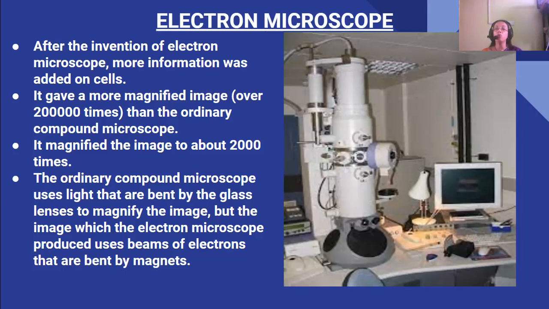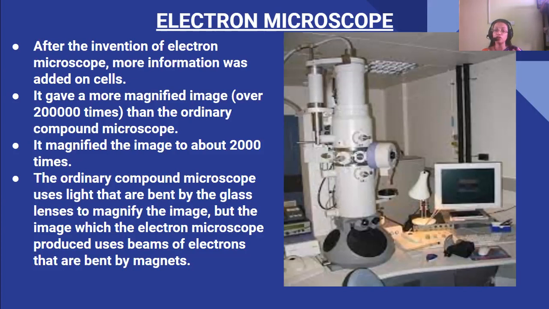Now it gave a more magnified image, about 2 lakh times more than the ordinary compound microscope. The ordinary compound microscope usually uses light that is bent by glass lenses to magnify the image, but the electron microscope uses beams of electrons that are bent by magnets.